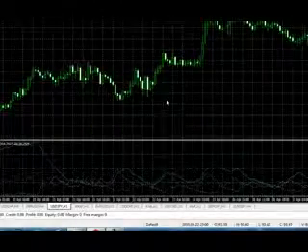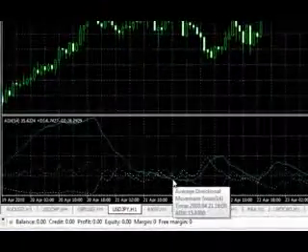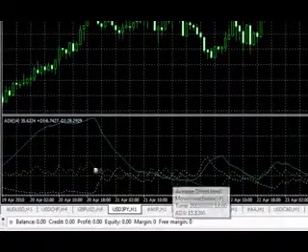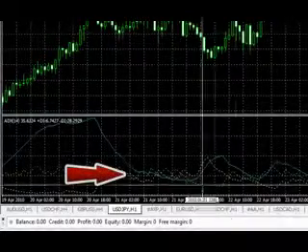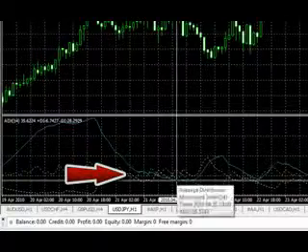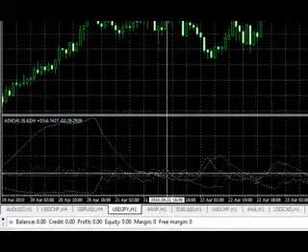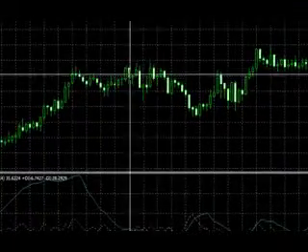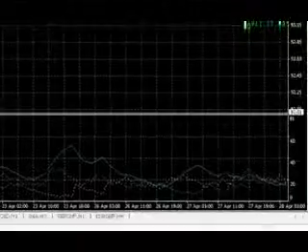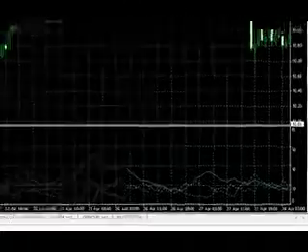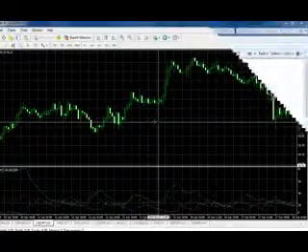I don't really have an example right here. Okay, you see right here, let me pull on my crosshair too. The directional index line is below the positive and the negative DI, and as you can see here, there's not much activity going on in the market on the screen. So that's how you readily use the directional index.